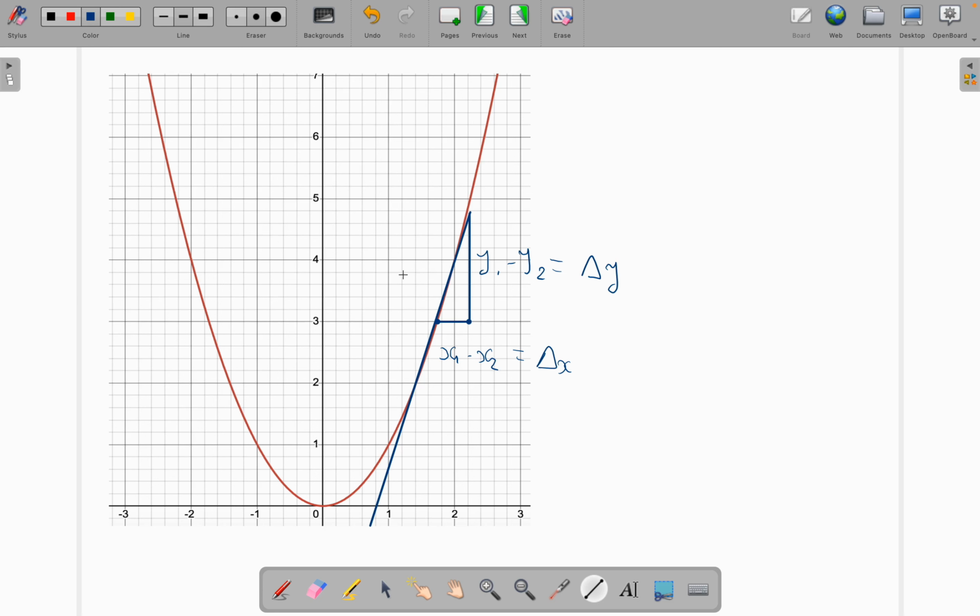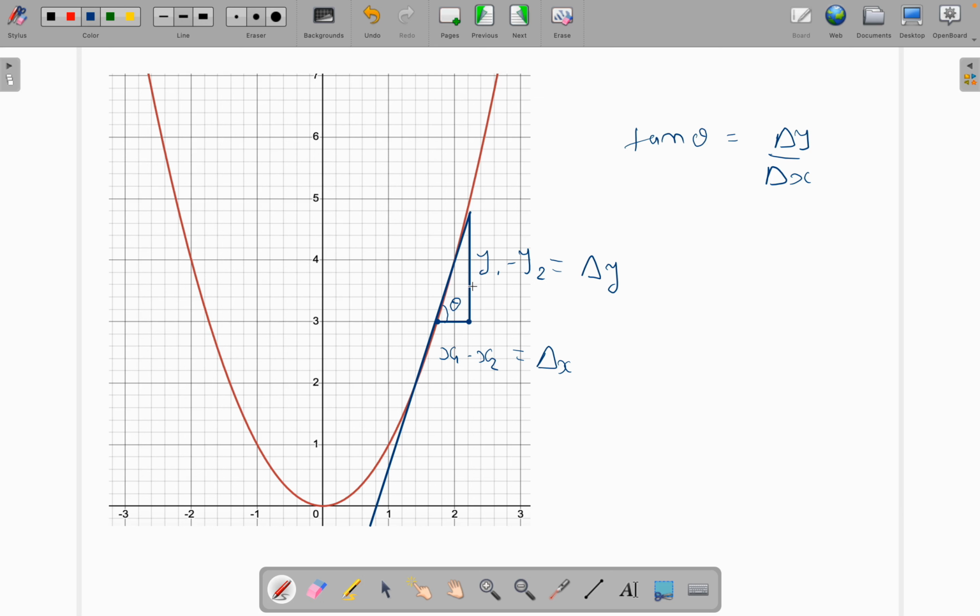Let's say this angle is theta. It is also the angle this line makes with the x line, so tan theta is equal to dy by dx, right?